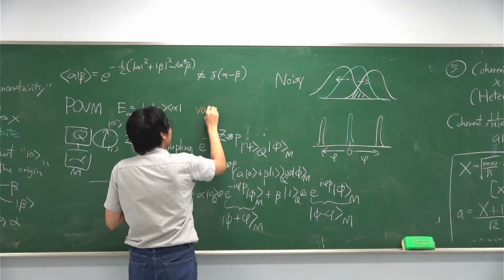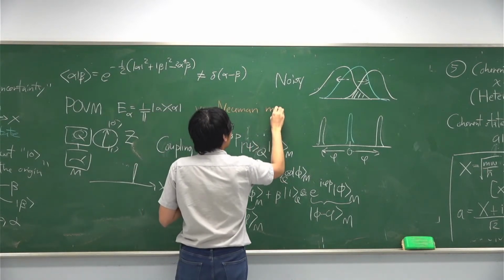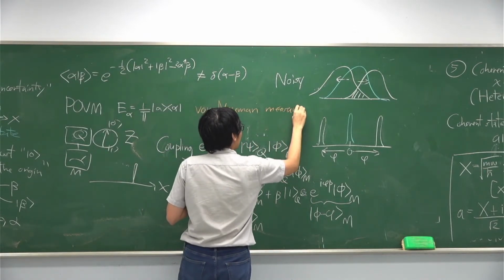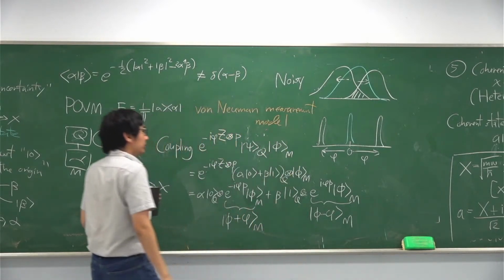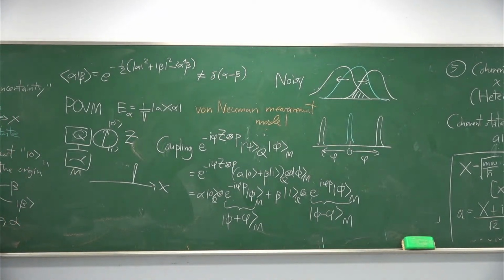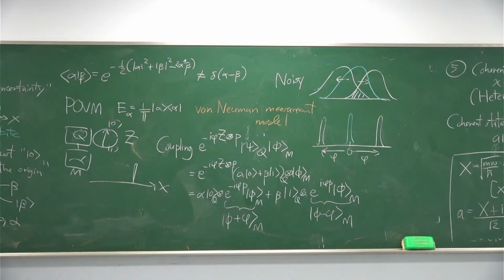For historical reasons, this is called the von Neumann measurement model. So far, so good.